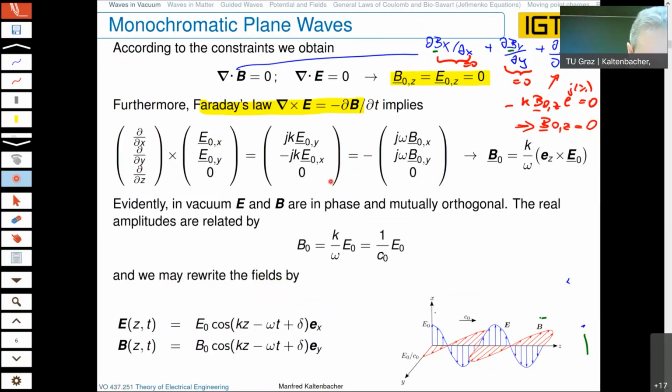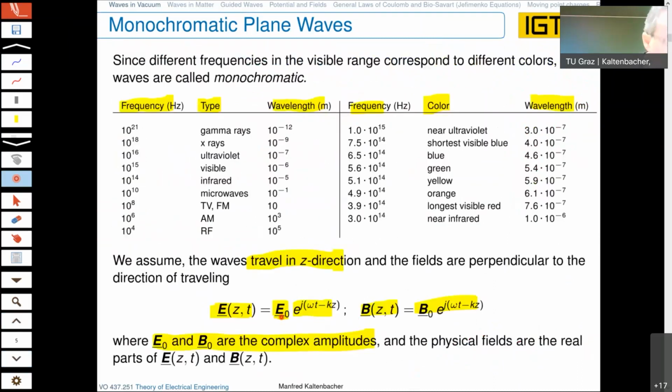Now, if you take here the derivatives for the x component, you can write it as a determinant, but what I always do, you cancel the first line, and then you have the derivative of 0, okay, will be 0, and the derivative of this part here, where you have this exponential function, because the derivative of E0 will be 0, but we have this exponential function giving us an inner derivative which is minus jk.